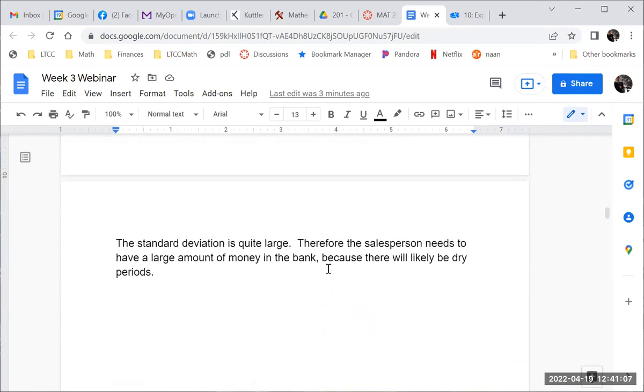Okay, so let me continue on because we have more to do. Again, the standard deviation is really large. The salesperson, if they're smart, needs to have some money in the bank because there are going to be days where they're not making any money and days where they make a lot, but you want to make sure that you don't run out of business.